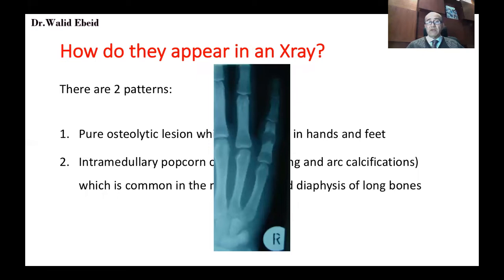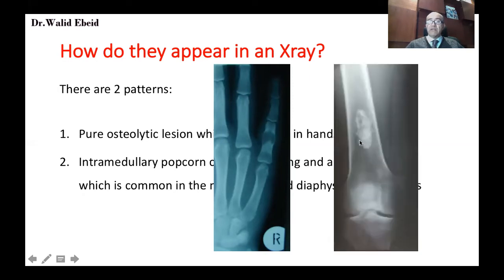This is how they look on the X-ray in the proximal phalanx, which is actually the most common site in the hand, and you can see it's a purely lytic lesion. Whereas in long bones, they usually appear as calcification in the medulla, what we call smoke up the chimney. And you can see here the calcification in the form of arcs and rings.